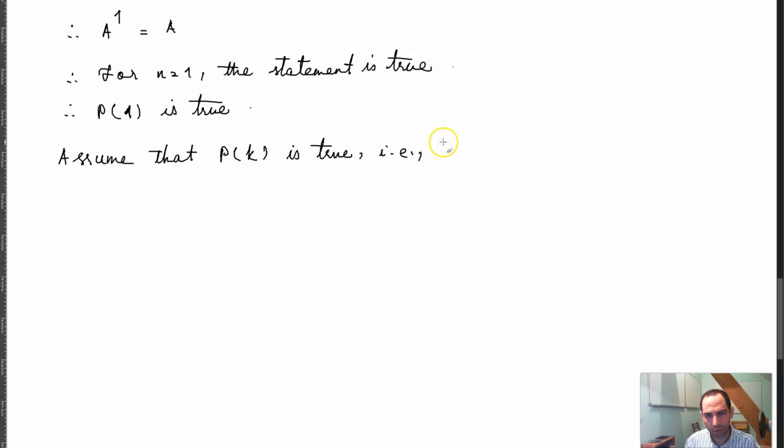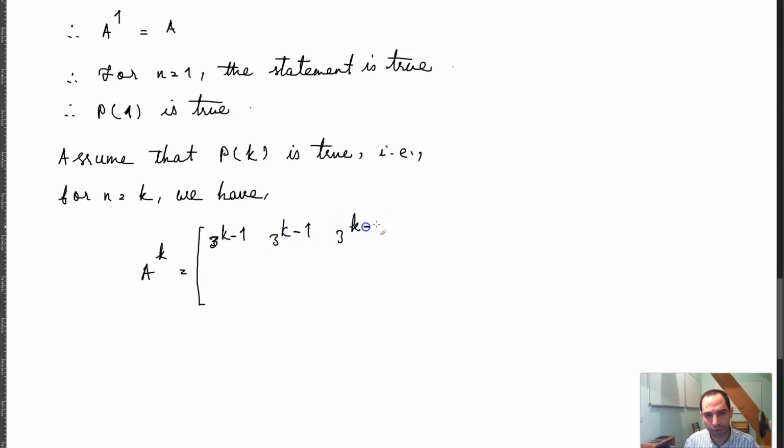Based on the statement that we have, for n is equal to k, A raised to the power k is equal to this matrix, with every element being 3 raised to the power k minus 1.